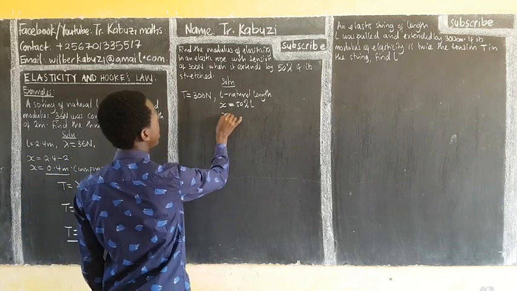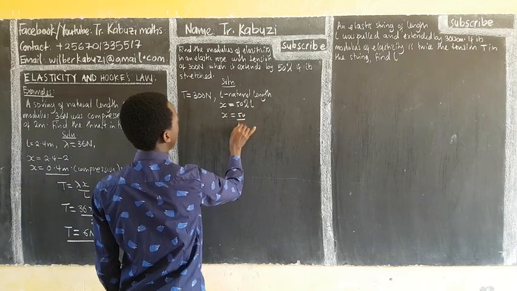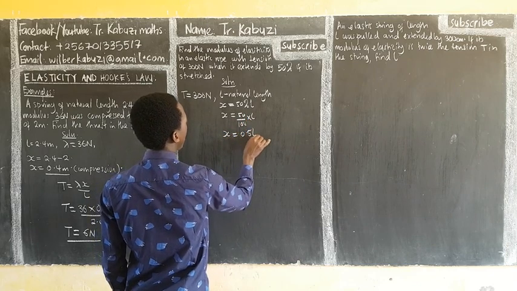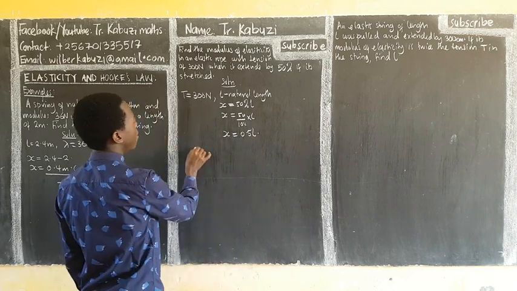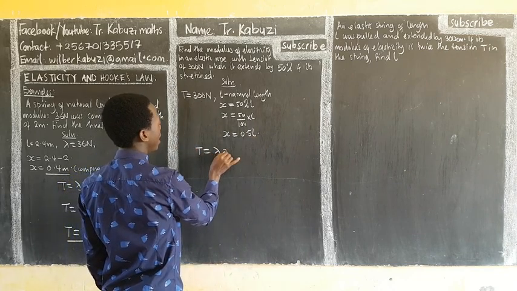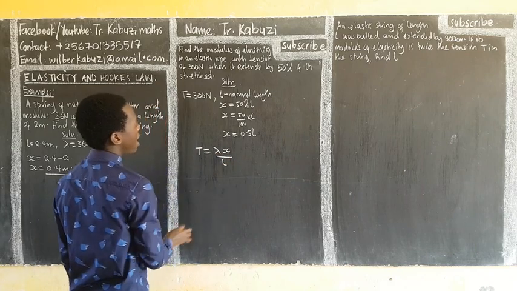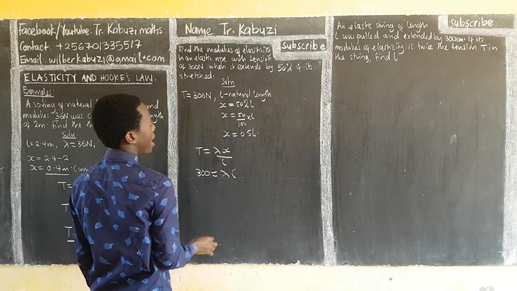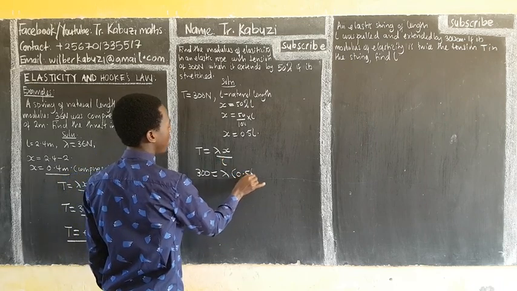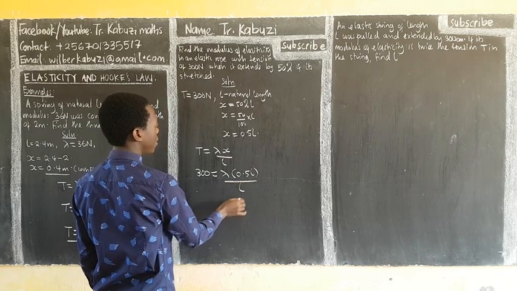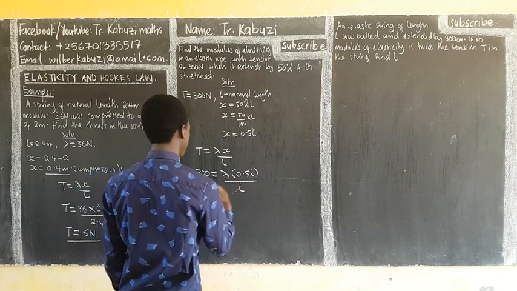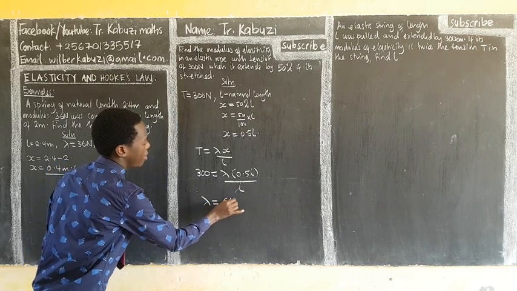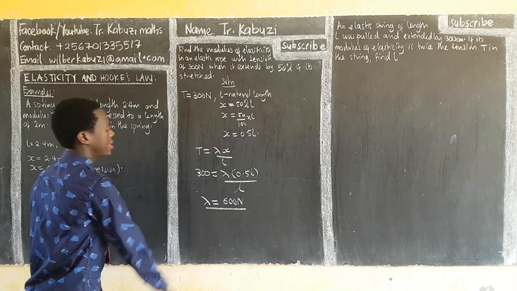So my x is going to be 50 over 100 times L, so x is 0.5 L. Using my formula, T equals lambda x over L, I have 300 equal to lambda, which I'm looking for, times x, 0.5 L, the whole over L. Dividing L by L, our lambda is going to be 600 newtons.